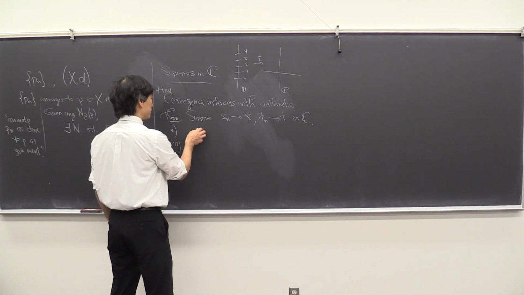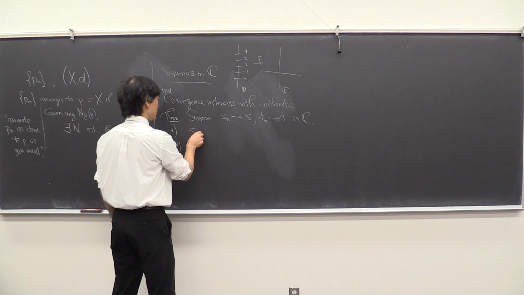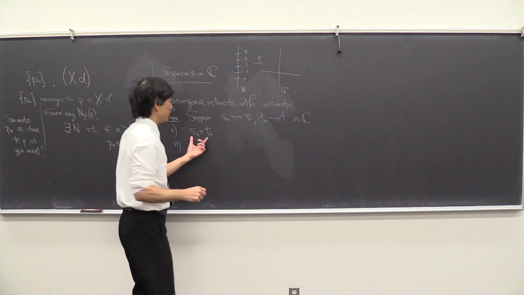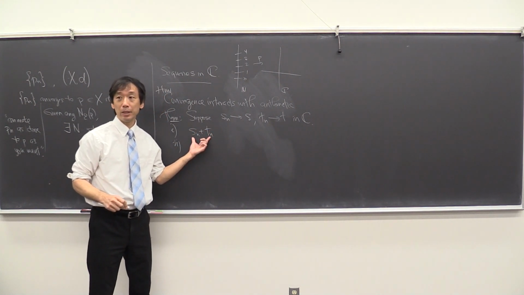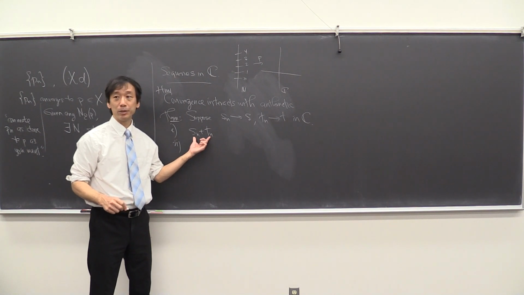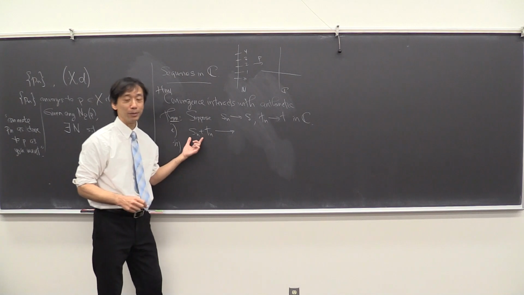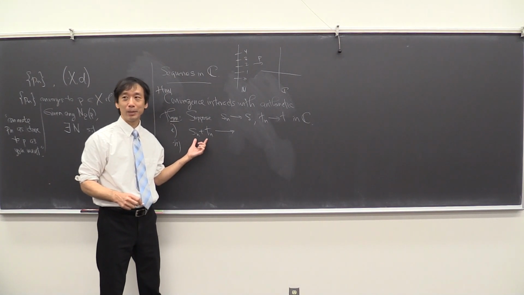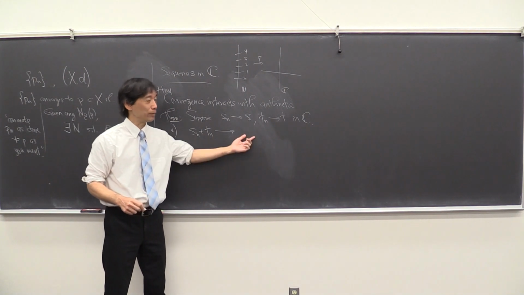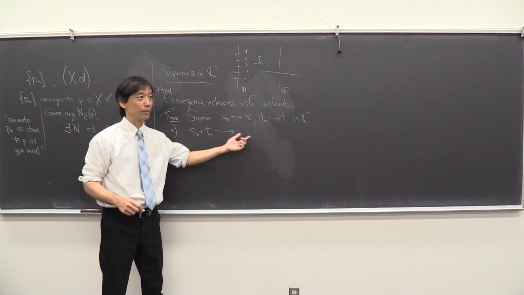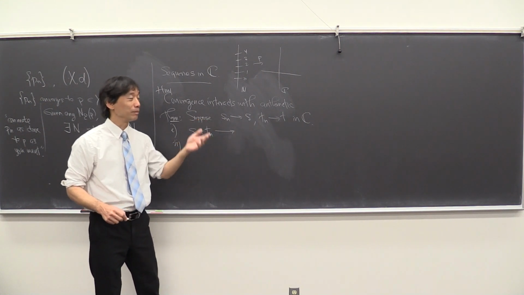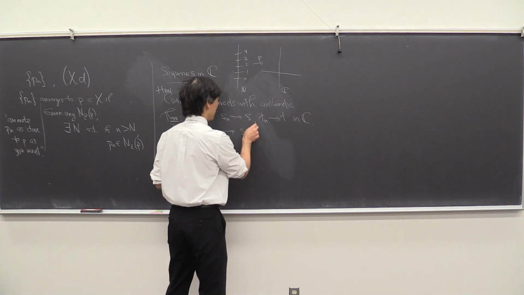First off, as you might expect, if you look at the sequence that you get from adding them together, the sum of the sequences is going to converge to the sum of the limits.